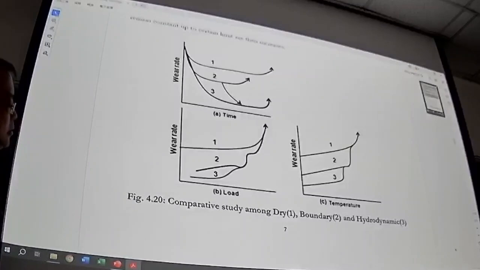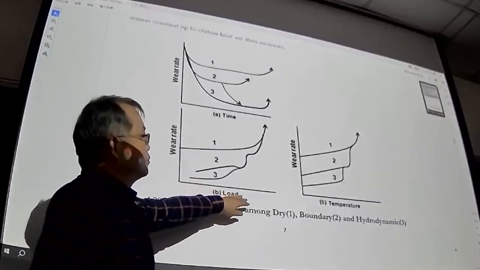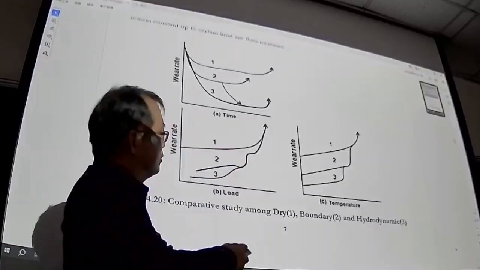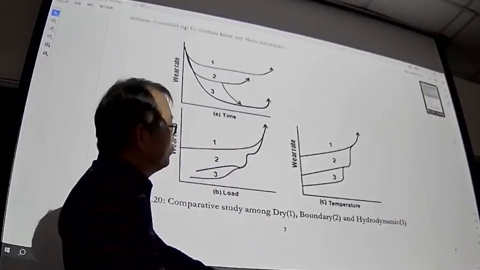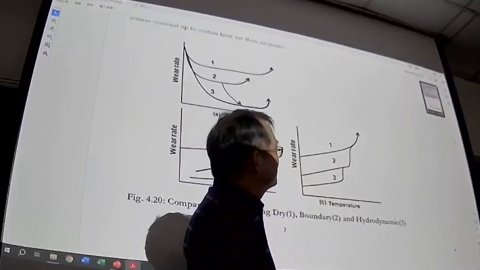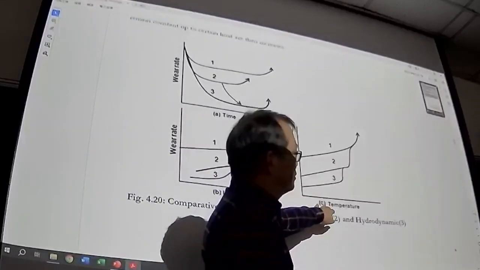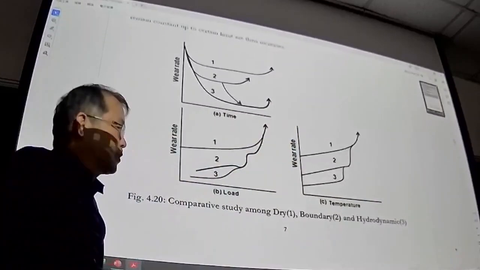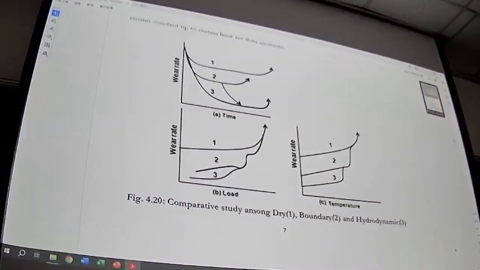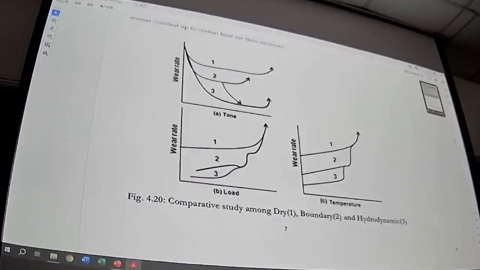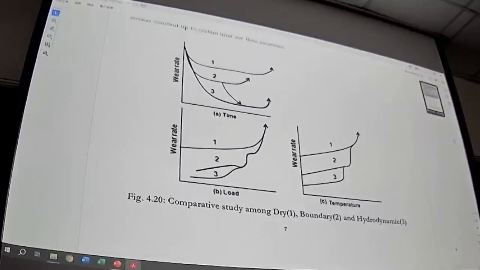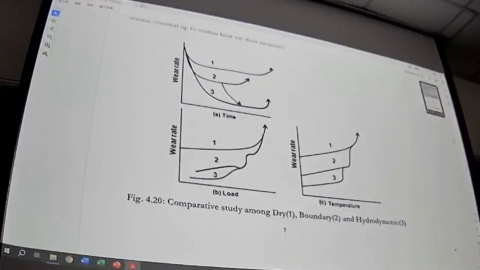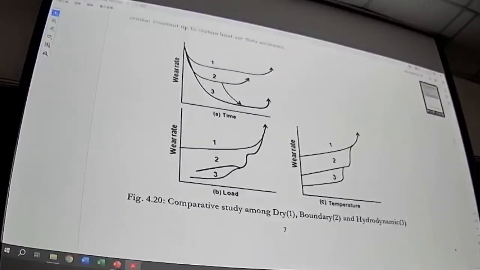And this is the loading: if you increase the loading, the wear rate will also increase. And the temperature will affect the viscosity of the lubricant. The higher the temperature, the lower the viscosity of the lubricating oil, so lubrication performance decreases and the wear rate increases. This is the comparison.